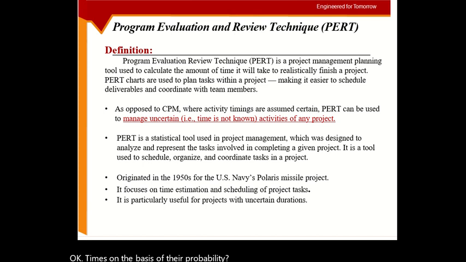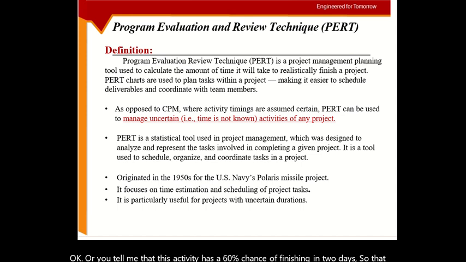For example, if you say that this activity will finish in 2 days, you are giving me one fixed number, and this number has 100% probability, either it is 2 days or nothing. Or you tell me that this activity has a 60% chance of finishing in 2 days, so that means there's a 40% chance of not finishing in 2 days, maybe in 3 days, maybe in 1 day.